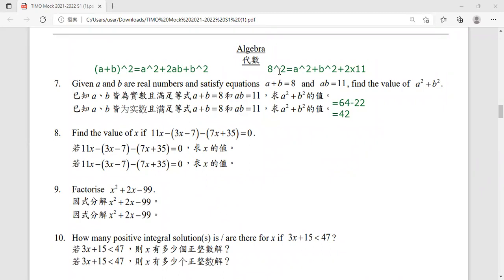Obviously, you can find a rational number to satisfy the equation. The answer of a and b is not a rational number, but you can use this identity, then you can substitute the right one and get an answer.